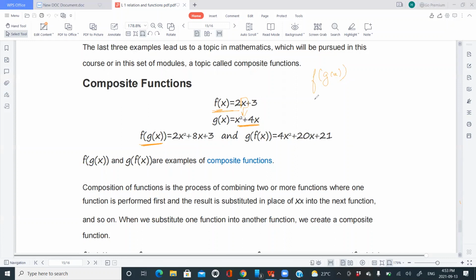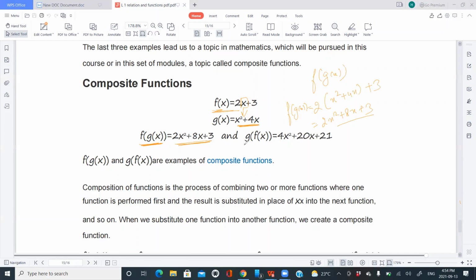That means in place of x, you will write x square plus 4x, in 2x plus 3. This is f of g(x). You can solve it: 2x square plus 8x plus 3. That's it, this is what we got. This was f of g(x).